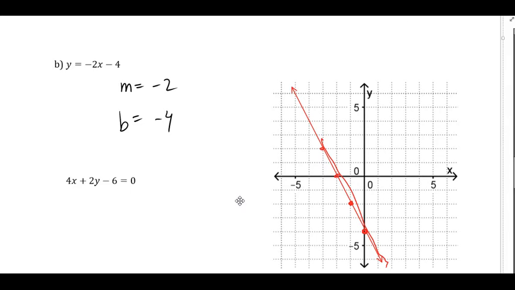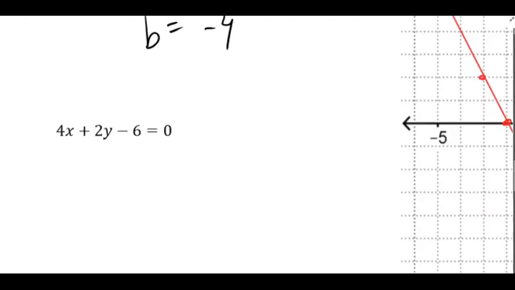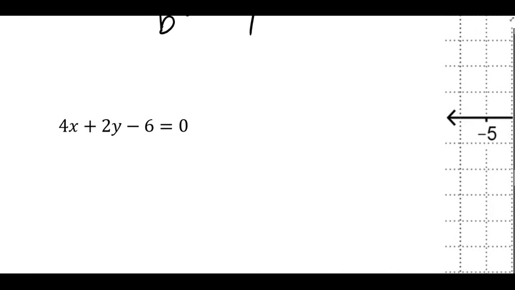Okay. What's different about the next one? Right, very good. Here's something that some people might do. So watch carefully. They might say the slope is 4 and the y-intercept is -6. And there's some good thinking there because you're recognizing some patterns, but what's wrong with that?